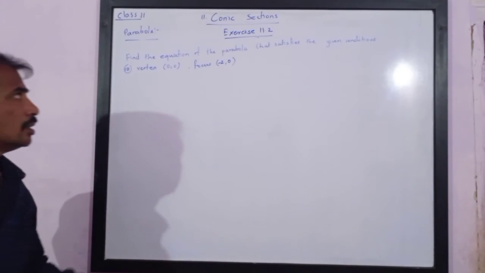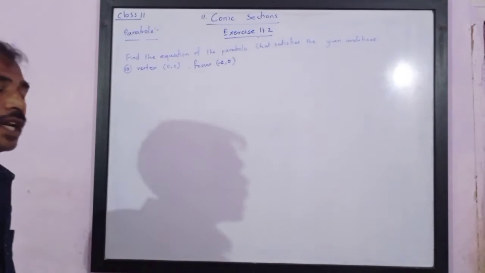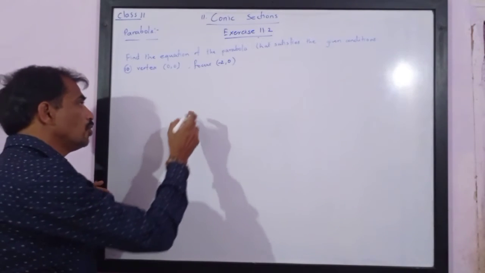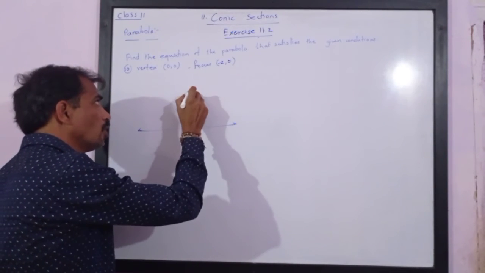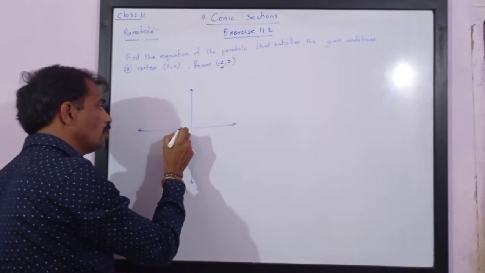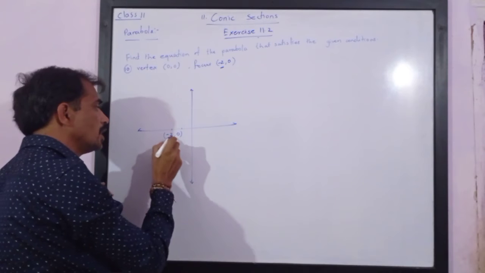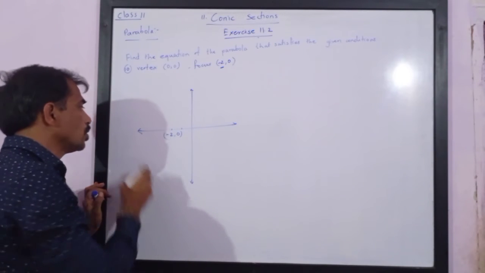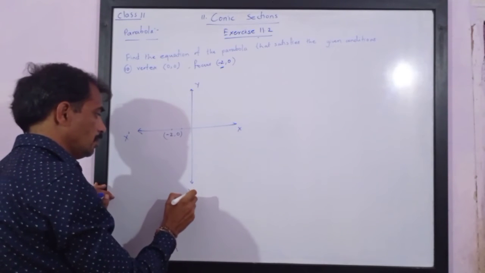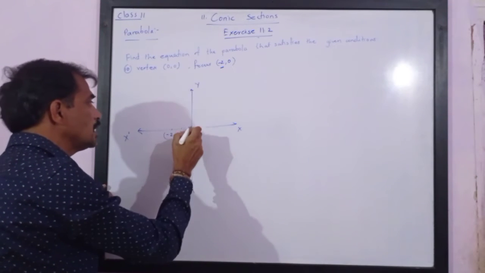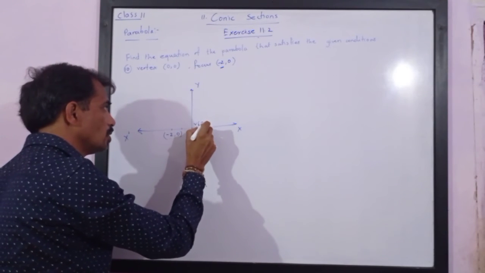Dear friends, the next question is we have to find the equation of the parabola whose vertex is (0, 0) and focus is at (negative 2, 0). So if you try to plot this, please note, we will get the focus on the negative direction of x. So if this is 1, this is minus 2, the y coordinate is 0. So this is the x-axis, this is the y-axis. Now vertex is at (0, 0), the origin.